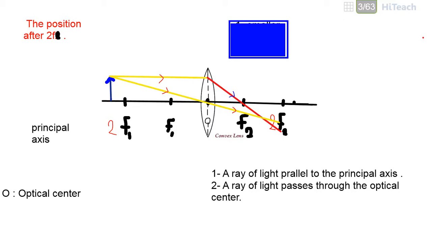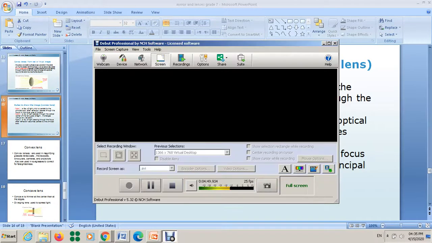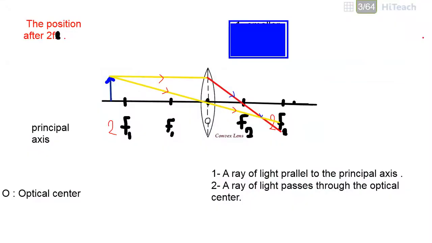Where they met, here is the arrow, the top of the arrow. Let's go back here, the top of the arrow, using blue color. So it's here. Look at it.